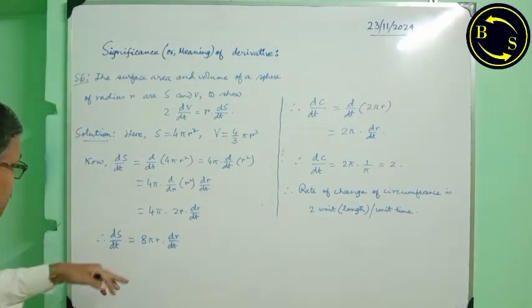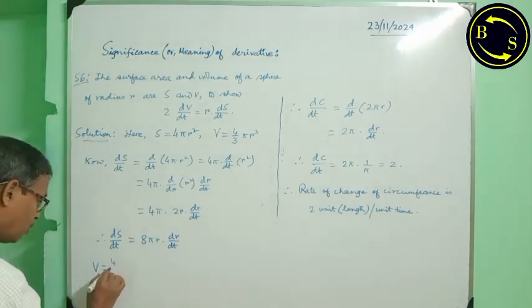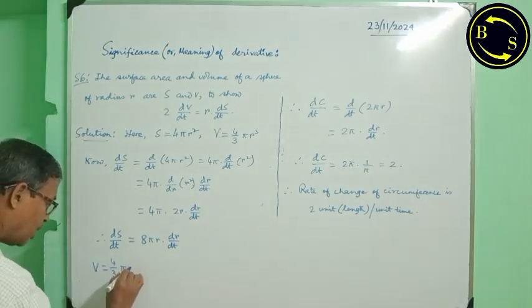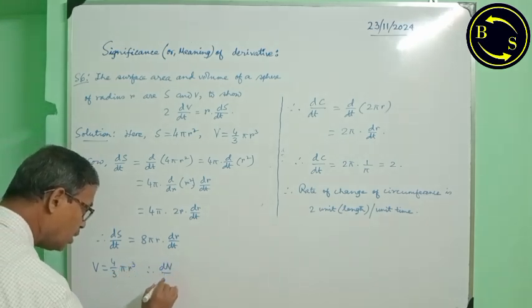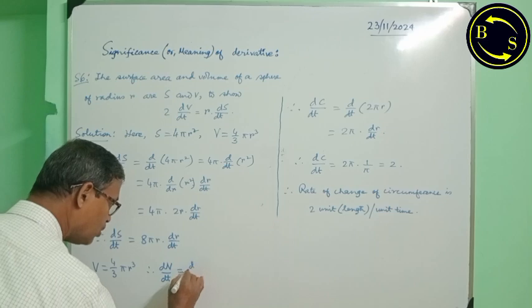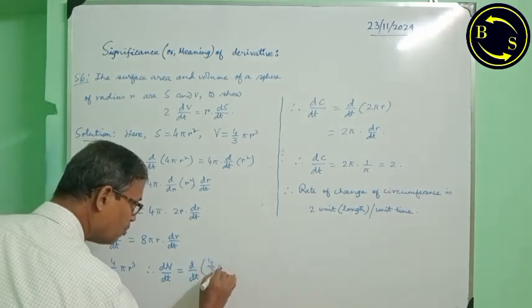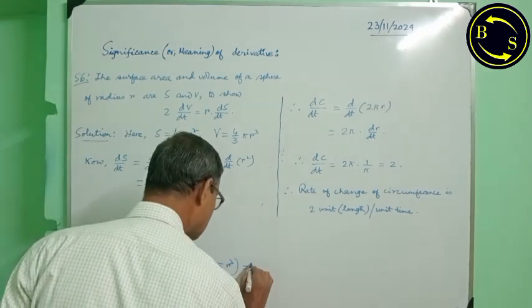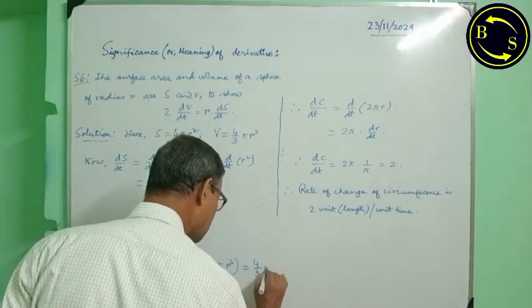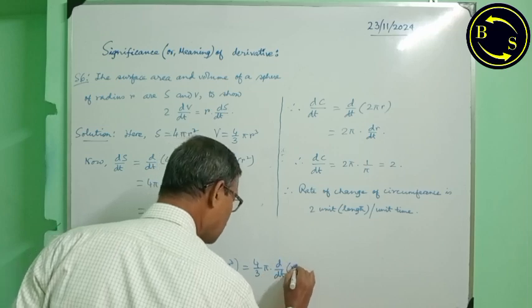Then we find dv dt. V equal to 4 by 3 pi r cube. Therefore, dv dt equal to d dt of 4 by 3 pi r cube. 4 by 3 pi is constant, that is taken outside, into d dt of r cube.